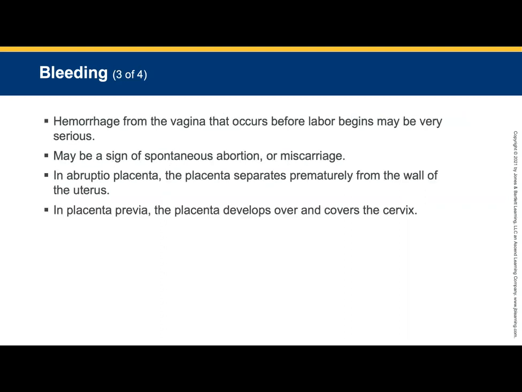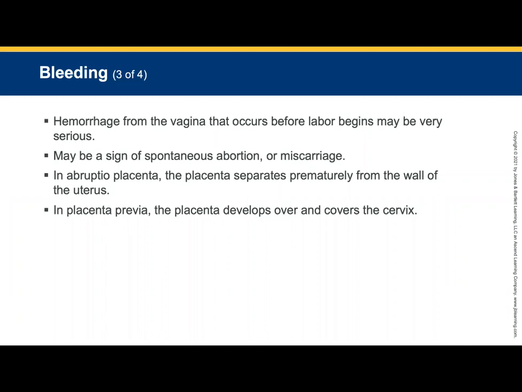Hemorrhaging from the vagina that occurs before labor begins may be very serious or not. The later signs of pregnancy that may indicate an abruptio placentae, and those are painful.